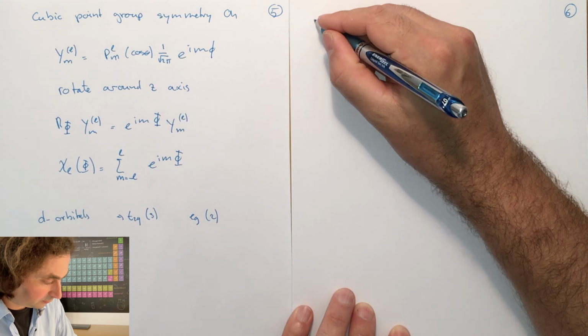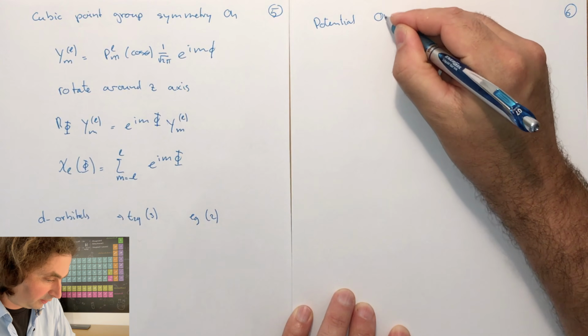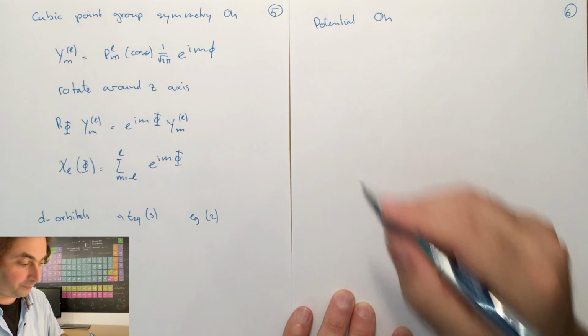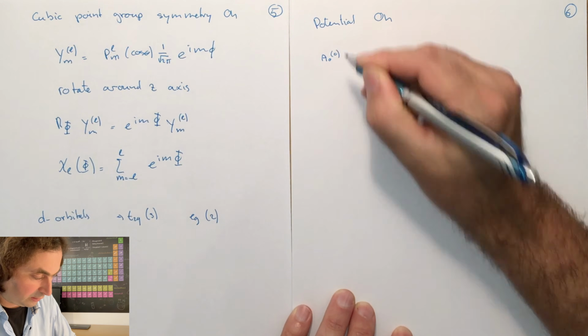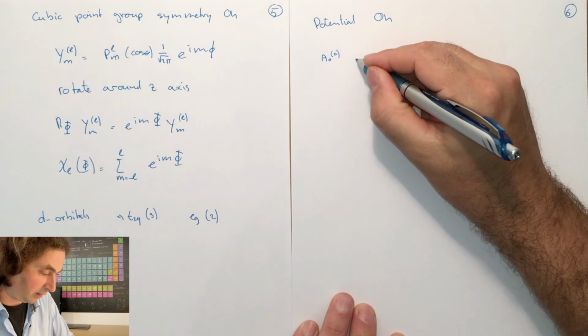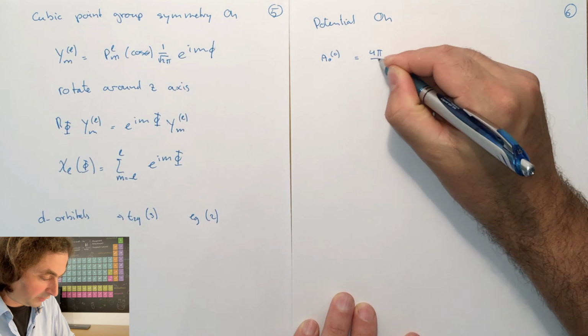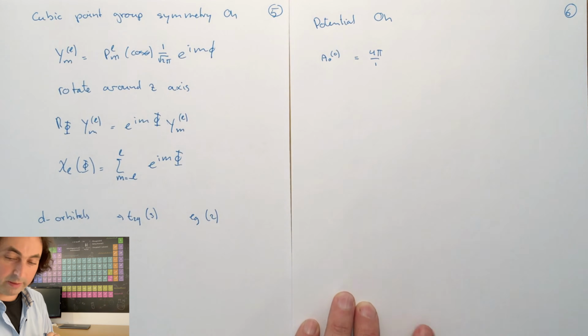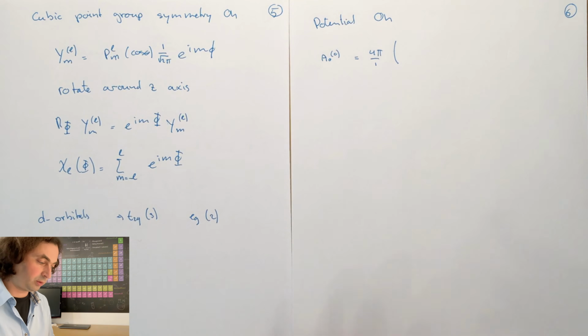So our potential in the cubic point group expanded on spherical harmonics has the coefficient for your spherical harmonics at K equals 0, 4 pi over 2k plus 1, and then we have our expansion coefficient.